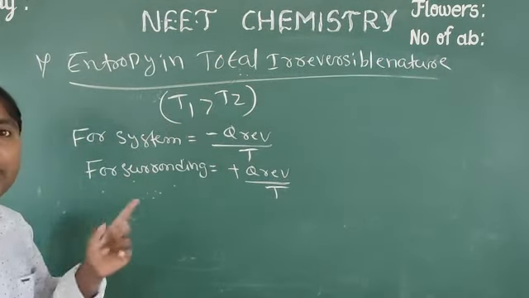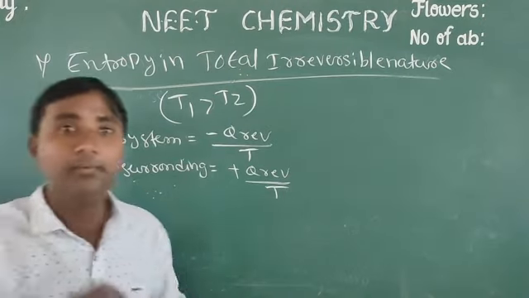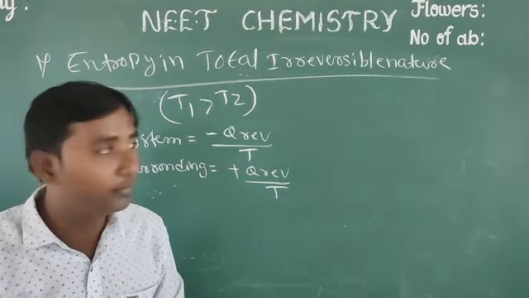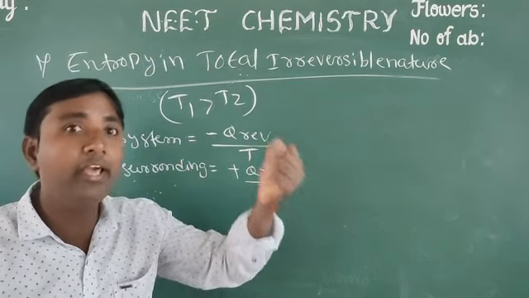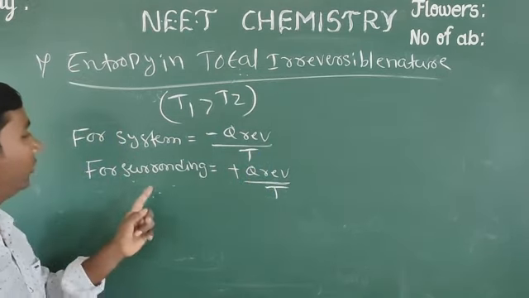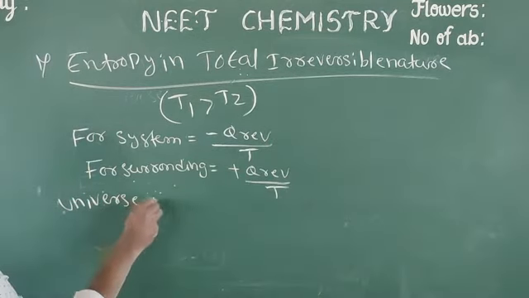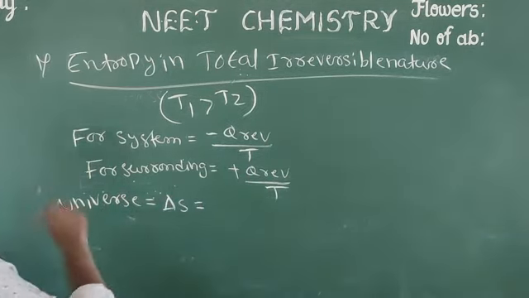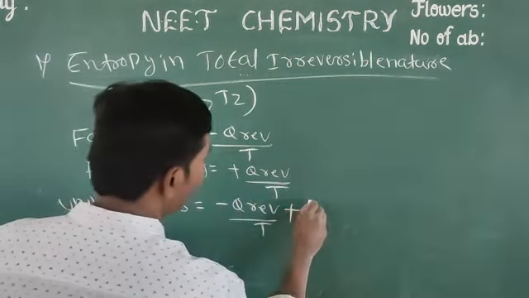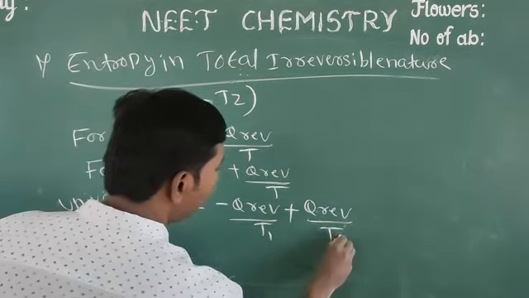Here the two temperatures are different. In irreversible, the two temperatures are different, because in reversible nature the process goes from initial to final to initial, so the temperatures are the same. But irreversible cannot be reversed in any state of the system, that's why the two temperatures are different. For the total process, it equals minus Q reversible by T plus Q reversible by T. Now this is T1, this is T2.